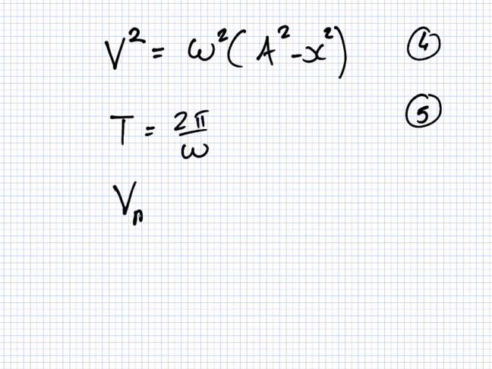The maximum velocity. So what I mean by this is the fastest it can go, because it's going slow and then fast, and slow and then fast. So this V max is the maximum speed it can travel.